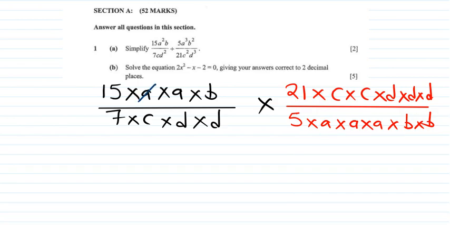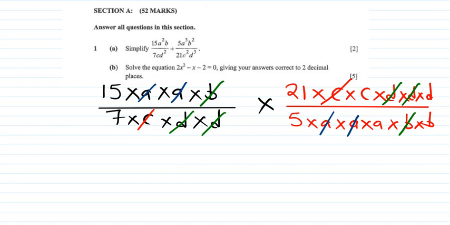So cancel 1, 2, 1, 2. What else can we cancel? That b can cancel with 1 b there. Then c's, there's 1 there and 1 there. D's, there are 2 here, and 3 there, so cancel 2.